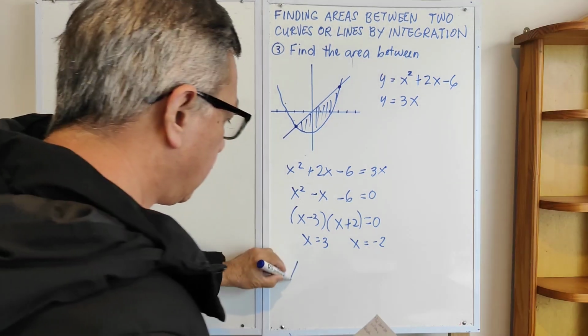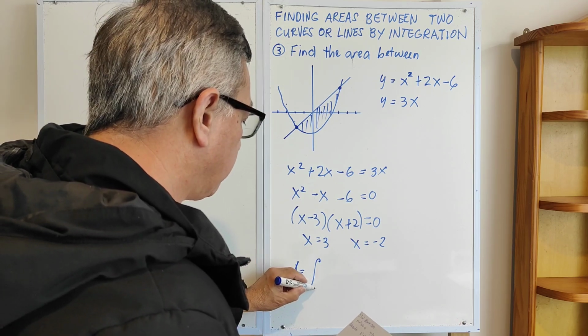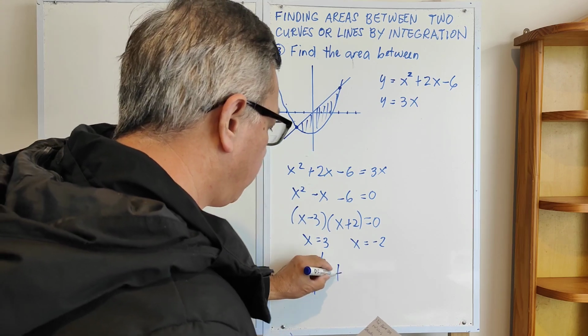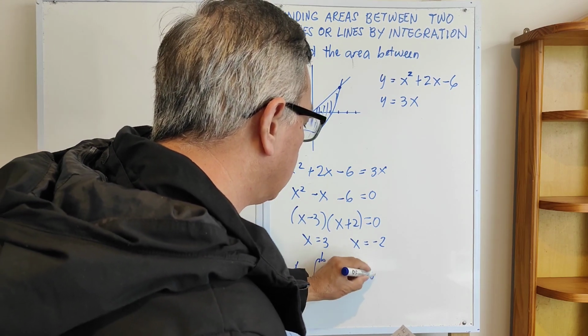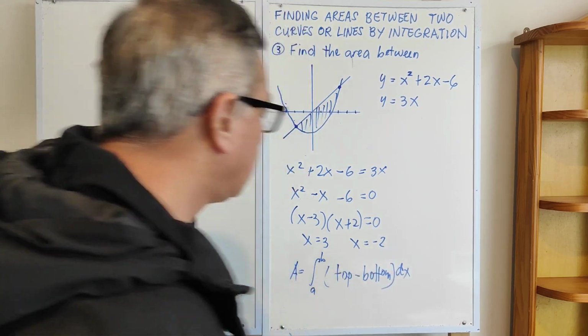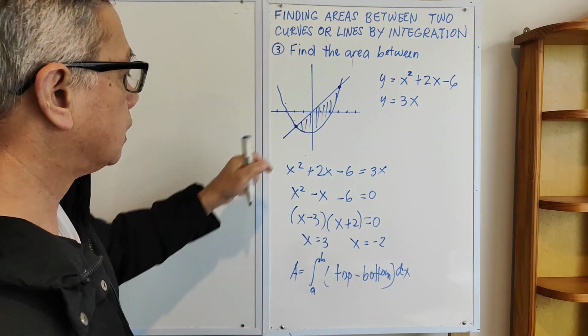So again, the area would be the integral from a to b, top minus bottom, the quantity dx. So the top part in this equation will be the 3x.